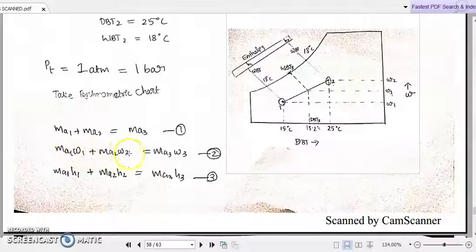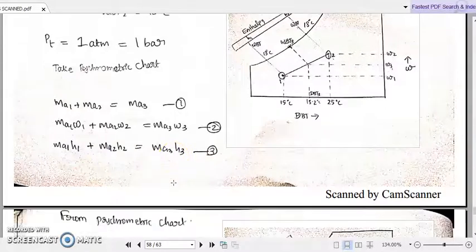Ma1 omega1 + Ma2 omega2 = Ma3 omega3, which shows the mixing of the specific humidities in the first and second stream of air, finally flowing out in the form of the third stream of air. Then Ma1 H1 + Ma2 H2 = Ma3 H3, which represents the mixing of the enthalpy contents of the first and the second stream of air.